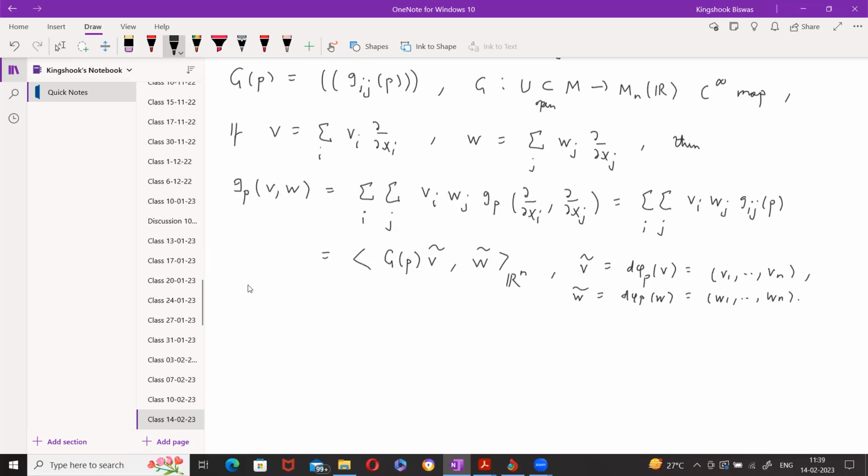So therefore, it's going to be given by a smooth positive definite symmetric matrix function. Is that clear? So it follows from this that G is going to be smooth, positive definite and symmetric.